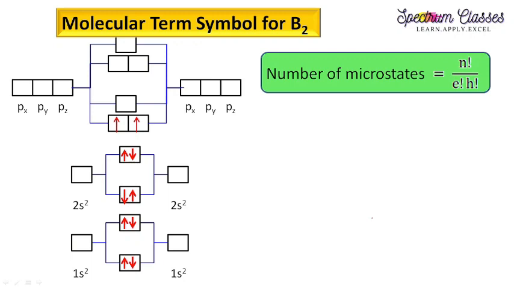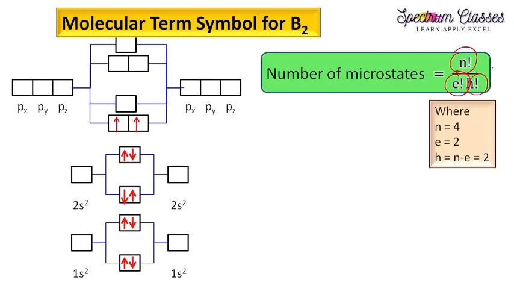So let's start with the microstates. The formula for the number of microstates is factorial n divided by factorial e times factorial h, where n is the total number of vacancies available. In two pi orbitals, we can accommodate a maximum of 4 electrons: 1, 2, 3, and 4.